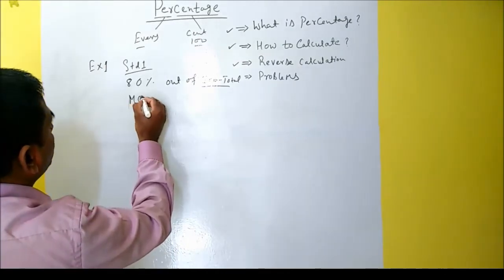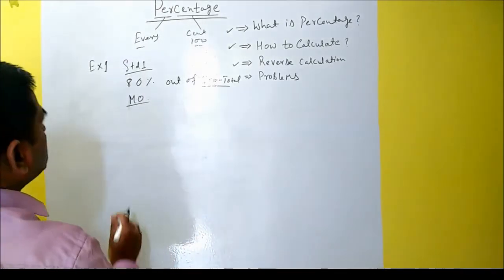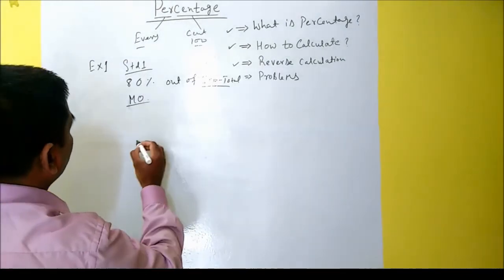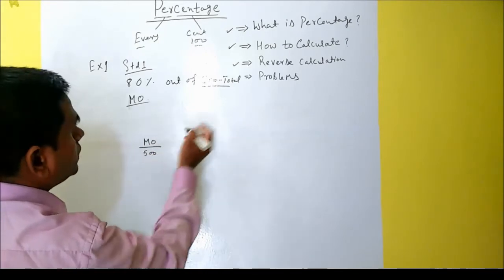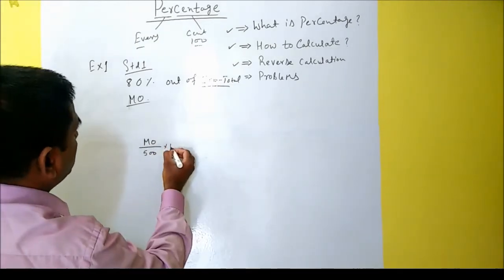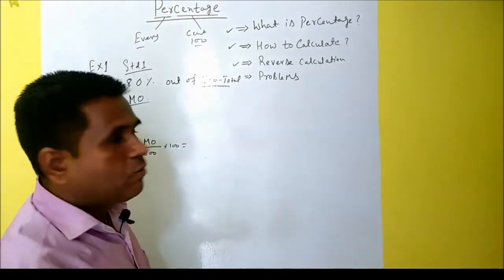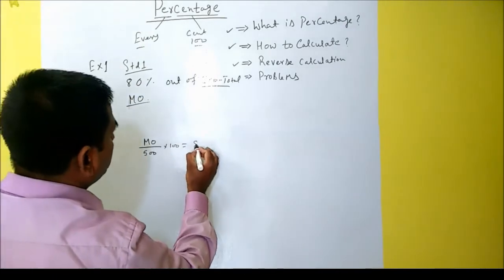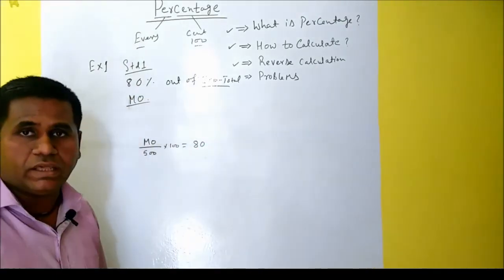So MO. So what we know is how to calculate percentage, right? So we calculate the percentage using marks obtained by total. Total is 500 given here, multiplied by 100. When we do, we get percentage. But in our problem, percentage is already given, which is 80%. So we can frame the equation like this.